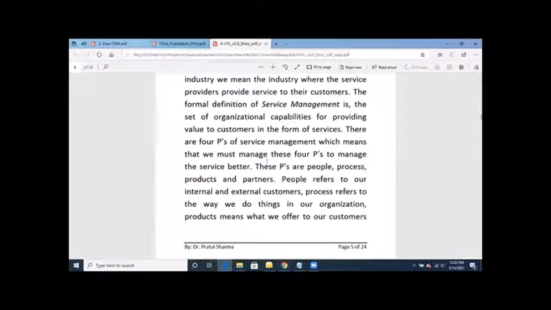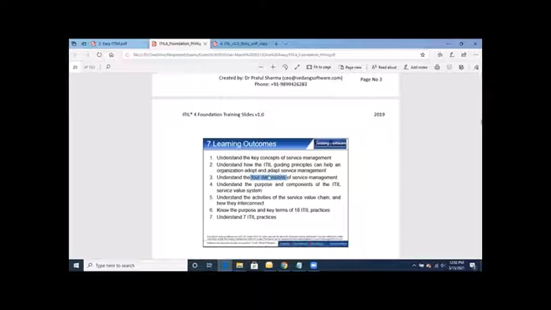What they have done in ITIL4 is that they have extended the 4 P's to 4 dimensions. And these 4 dimensions have been defined as organization and people, value streams and processes, partners and suppliers, and information and technology. They are nothing but 4 P's only, but they are refined in a little better manner.